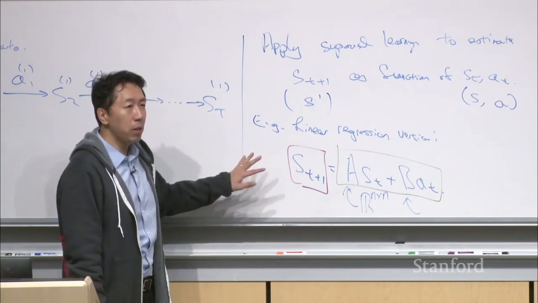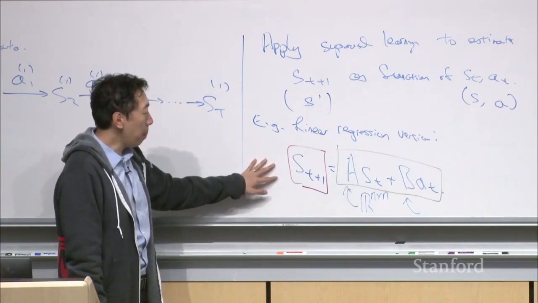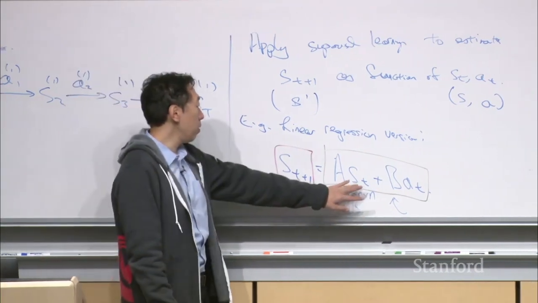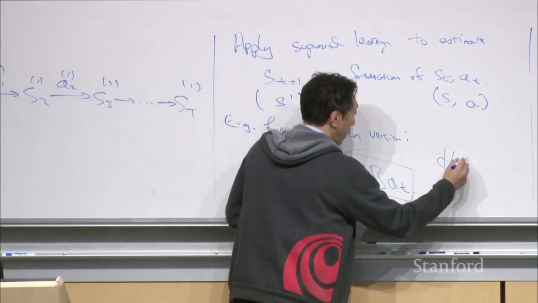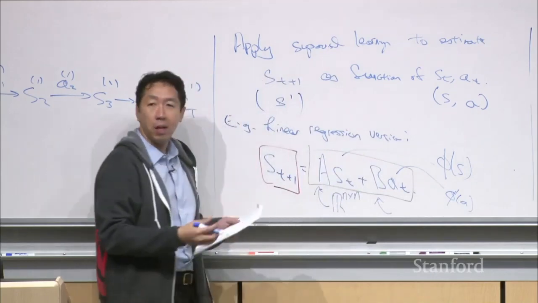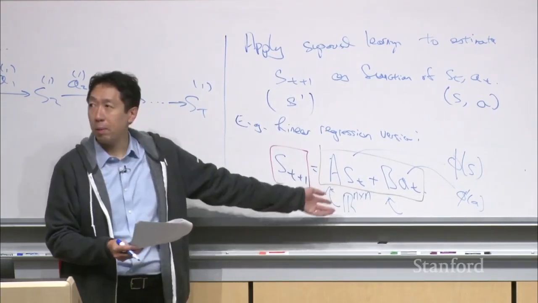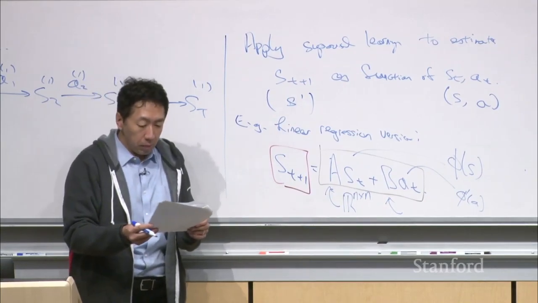We'll come back to linear models of dynamics later next week, but if you want to use a nonlinear model, you can also plug in phi of s, and maybe phi prime of a as well. And this will work even better depending on your choice of features.